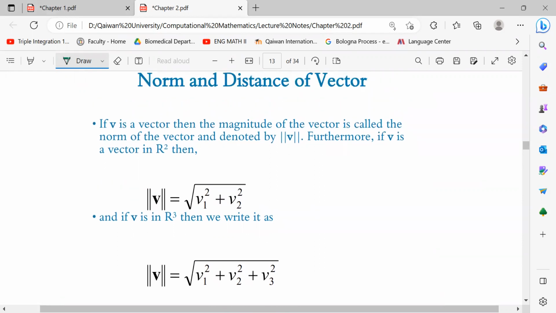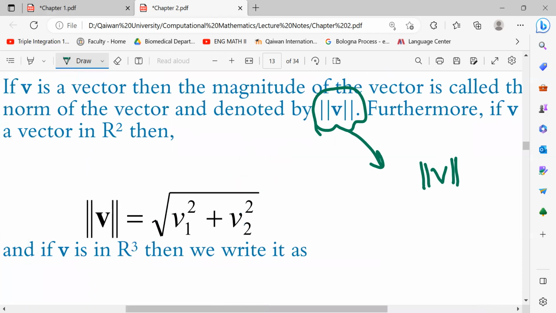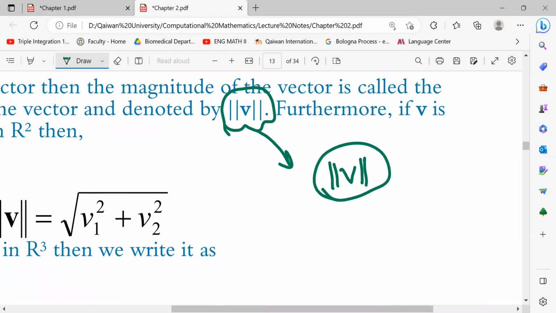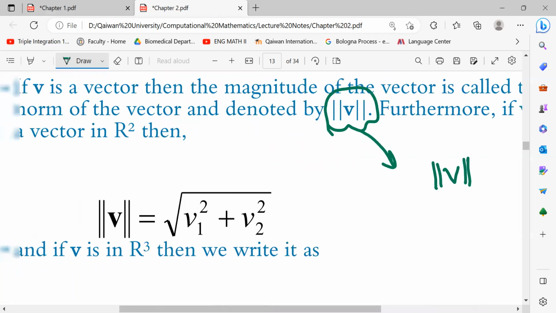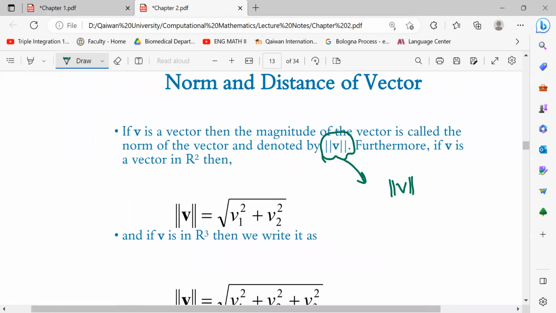The norm is denoted for a vector v by double vertical lines around v. If we have only two components in the vector, let's say v is (v1, v2), then the norm of v is the square root of v1 squared plus v2 squared.